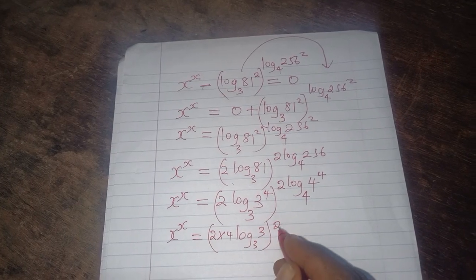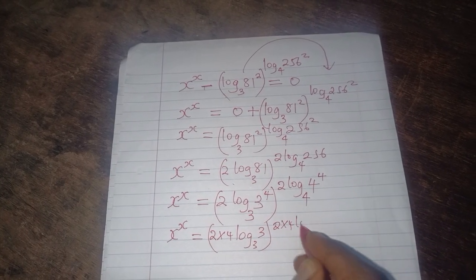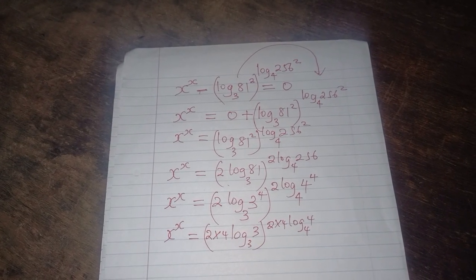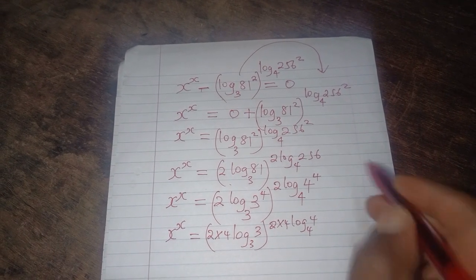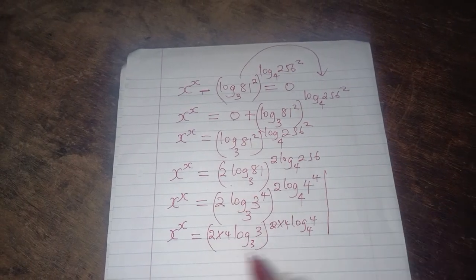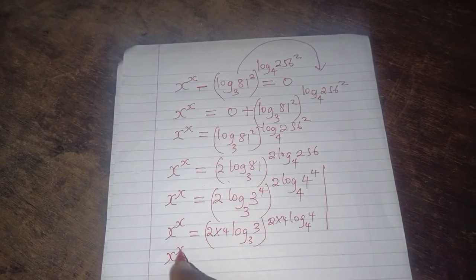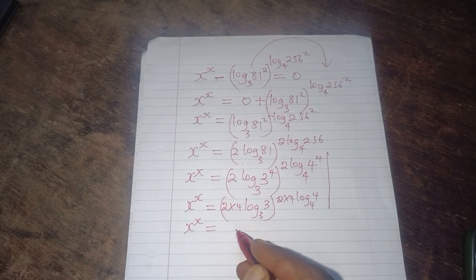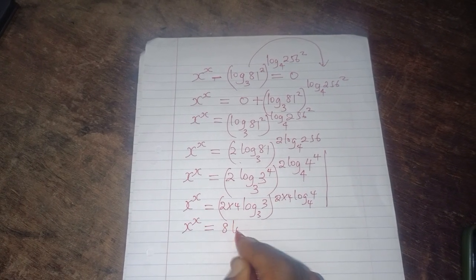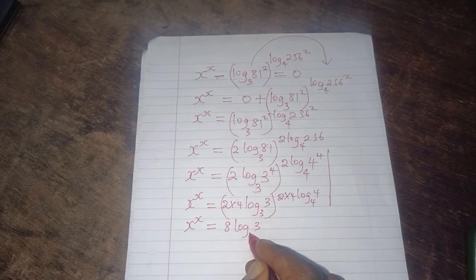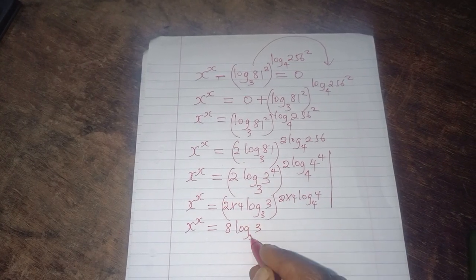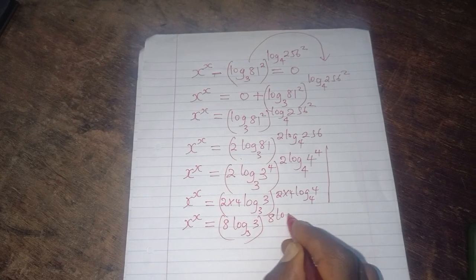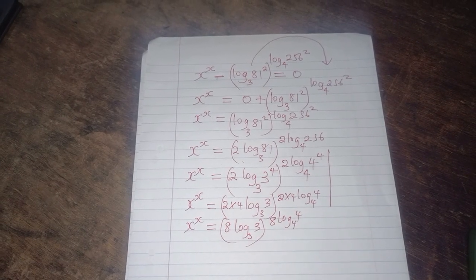We shall have 2 multiplied by 4 and the logarithm of 4 to base 4. And we shall proceed. I know very well in mathematics, as you know well, we can have x power x being equal to 8 and the logarithm of 3 to base 3, correct? And this is raised to 8 as well, and the logarithm of 4 base 4.